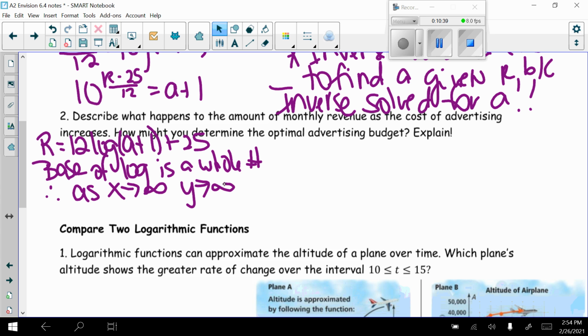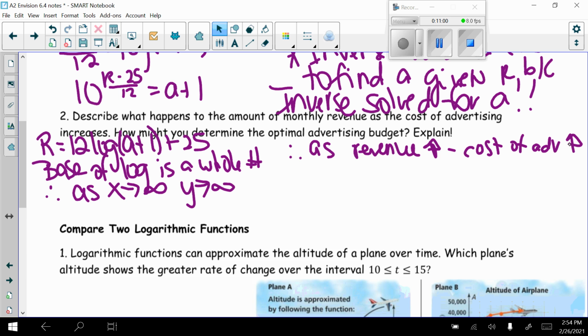So they're both increasing together. Therefore, as monthly revenue increases, cost of advertising increases. Okay, so they're both going to increase together.